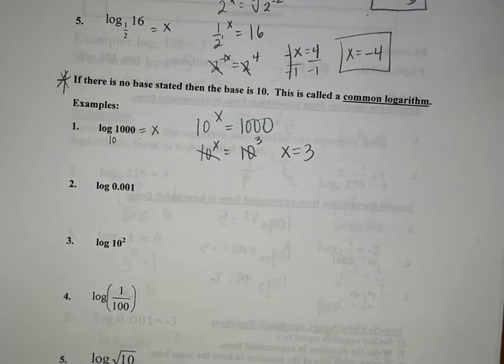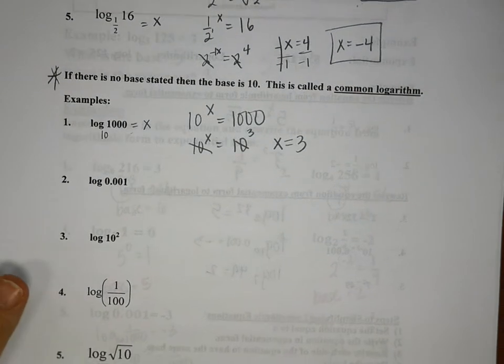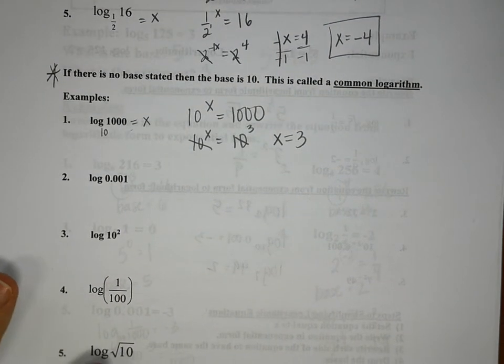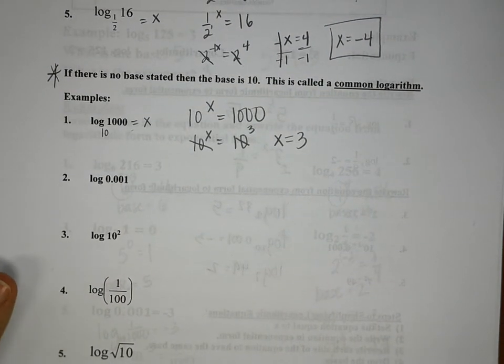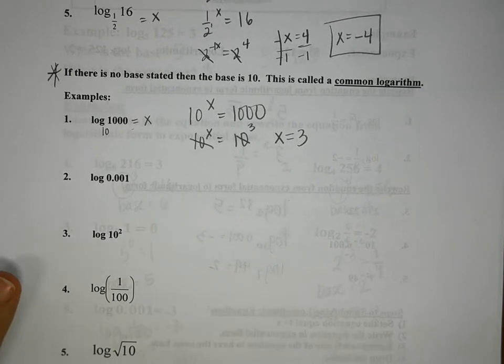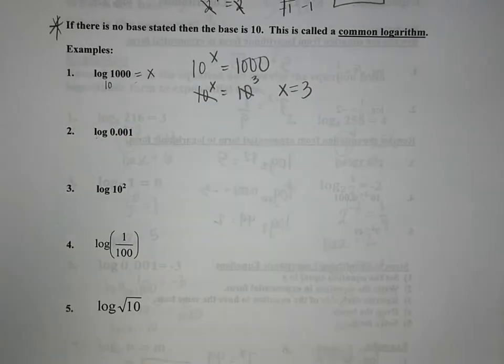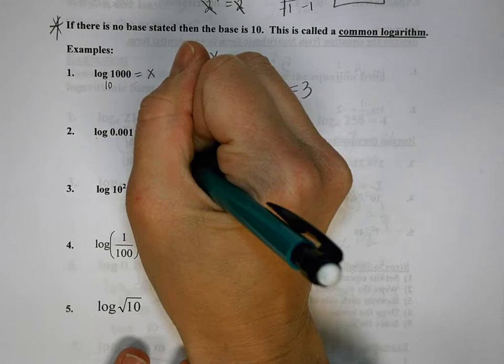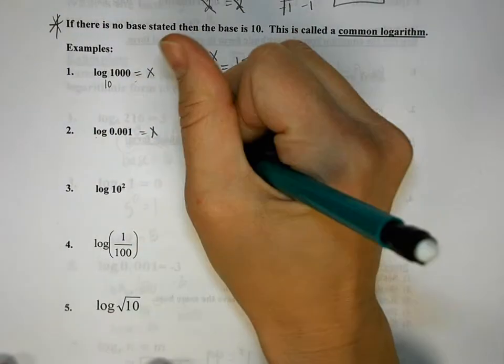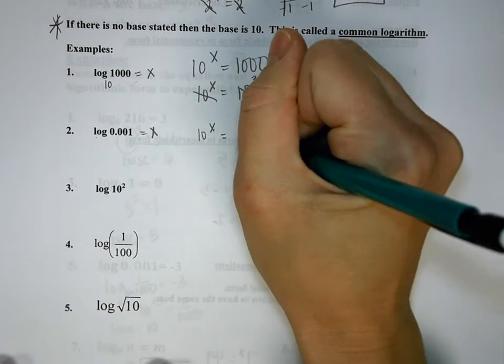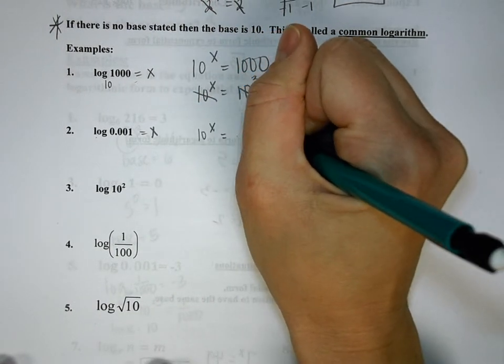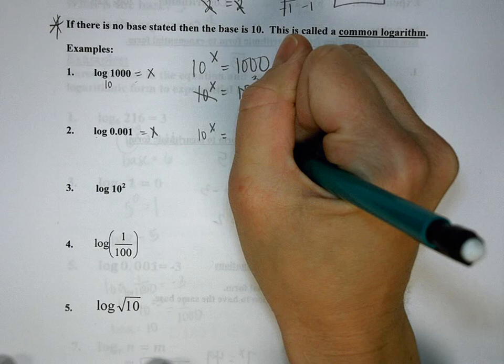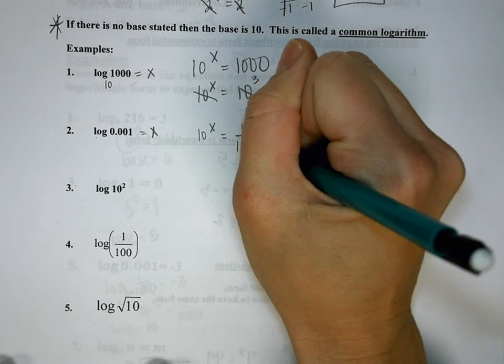Okay, now do you guys want me to show you a shortcut now or do you want to learn it later? Okay, let's keep going here really quick. So what base is this one? 10. So how will I write this in exponential form? 10 to the x equals, I would write it as 1 over 1,000.